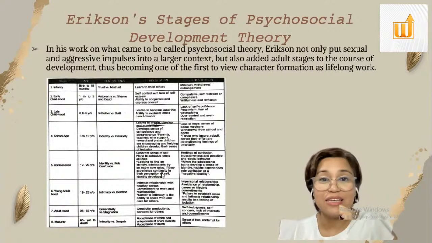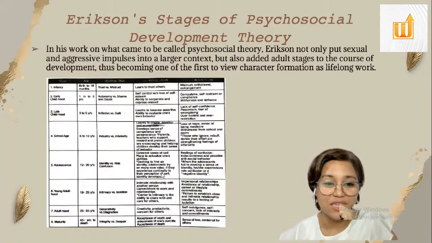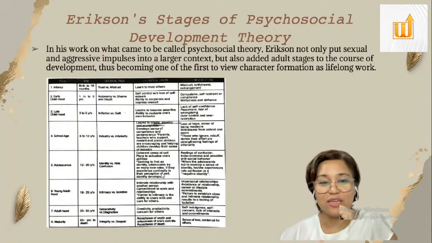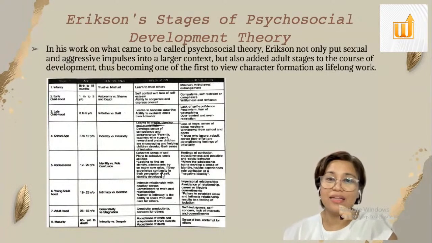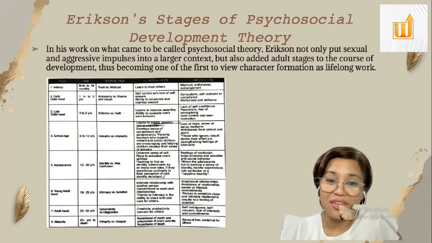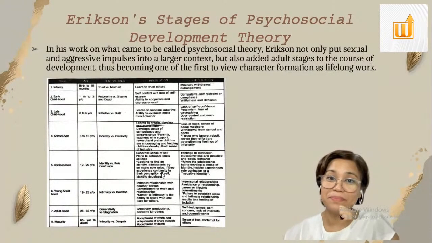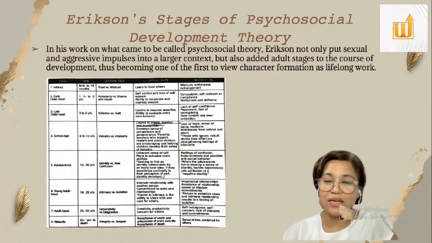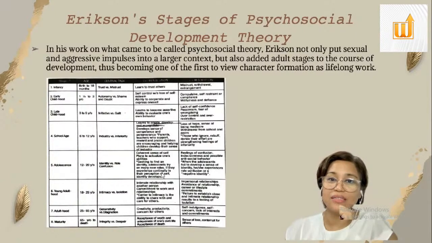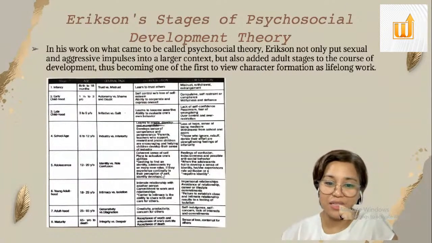And then we have the last stage, the stage of maturity, where the issue here is integrity versus despair, and looking at how the older generation look at their worth and uniqueness in their own lives. And then of course, how they will accept their contribution and impact to society.